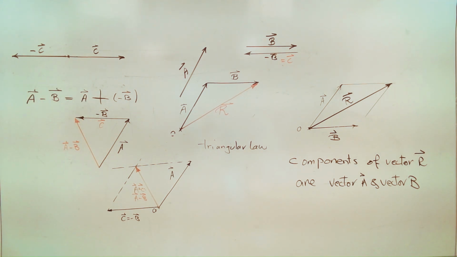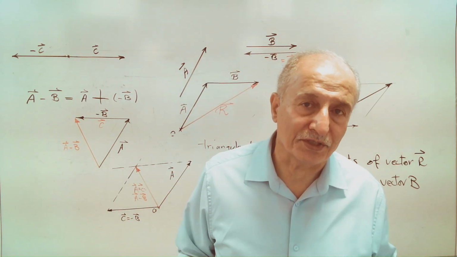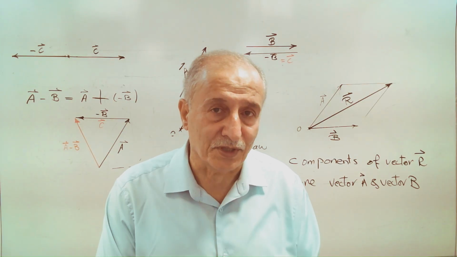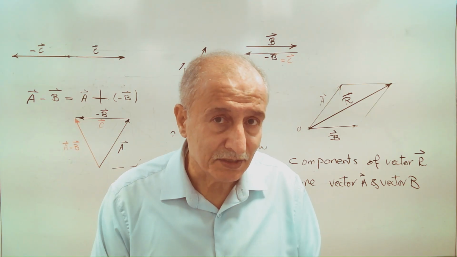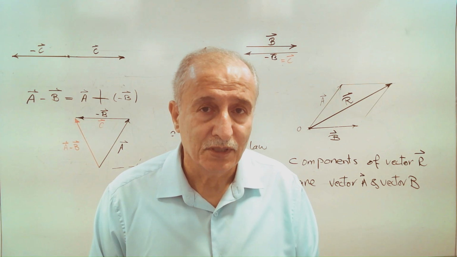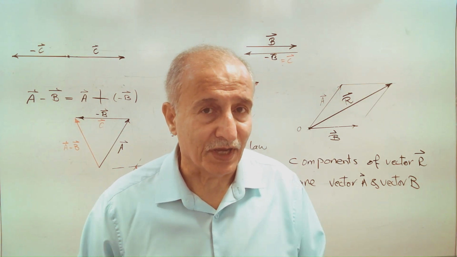Okay. If you have the resultant of two vectors and you want to find those two vectors, and you know the line of actions of the components but you don't know the magnitudes and directions, you know just the line of actions.